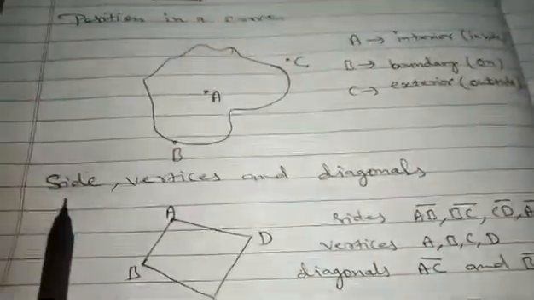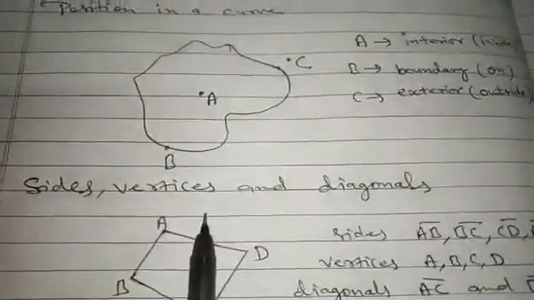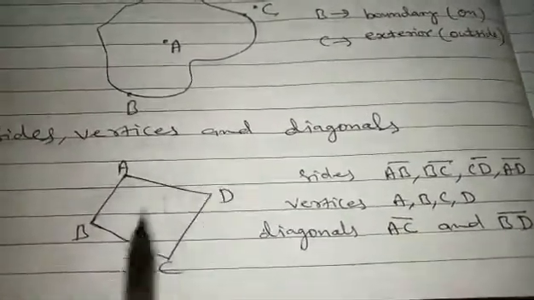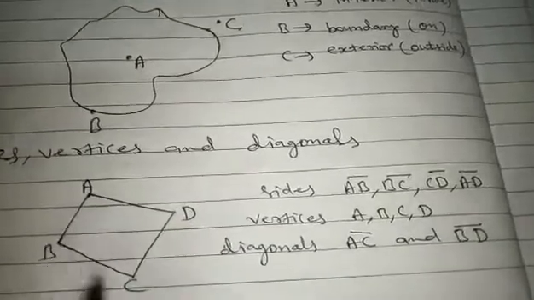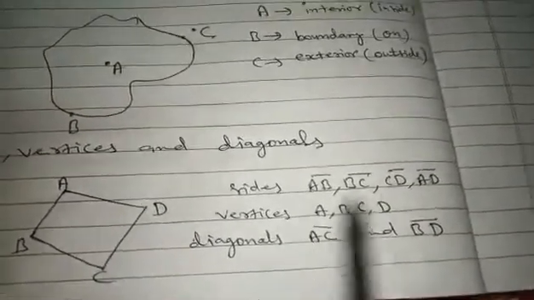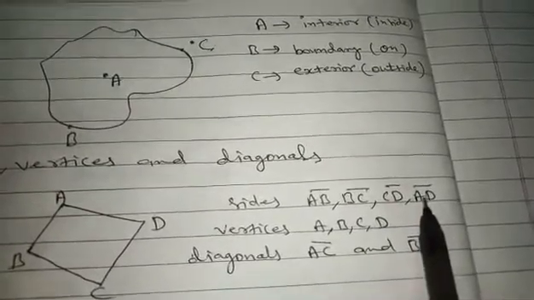Next, sides, vertices and diagonals. Suppose it is a polygon, then AB, BC, CD and AD are said to be sides. Is it clear?